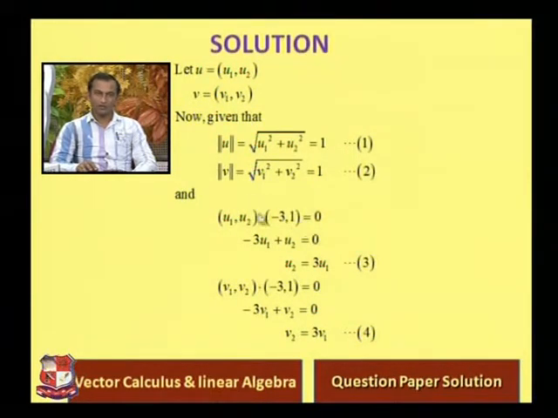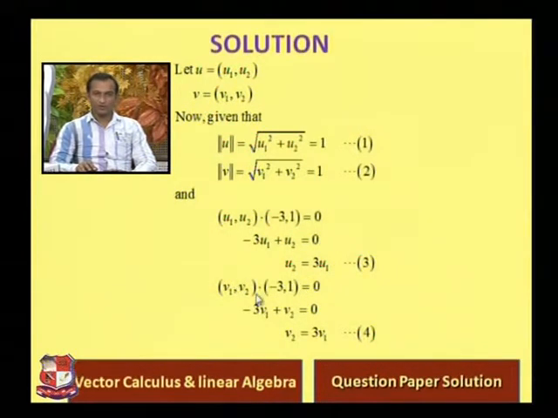Now since this is R3, it is a Euclidean inner product space, and in a Euclidean inner product space, the inner product is the dot product. So the dot product is u1 times -3 plus u2 times 1 equal to 0. So -3 into u1 plus u2 into 1 equals 0, so simplifying, u2 equal to 3u1.